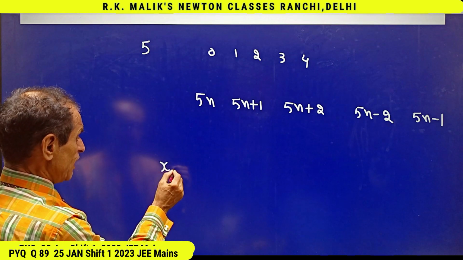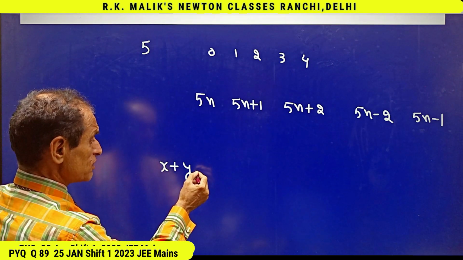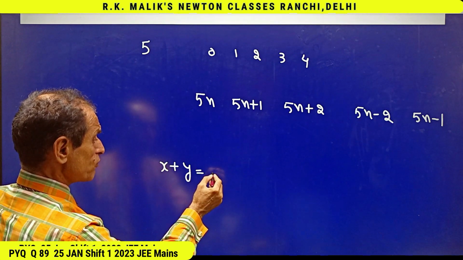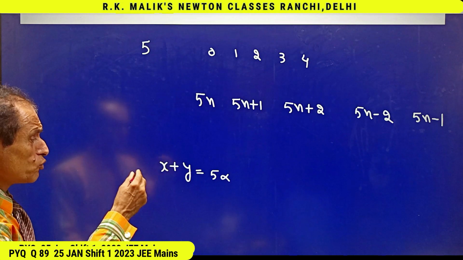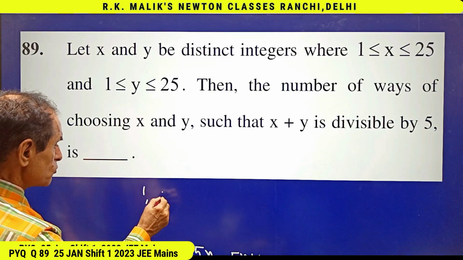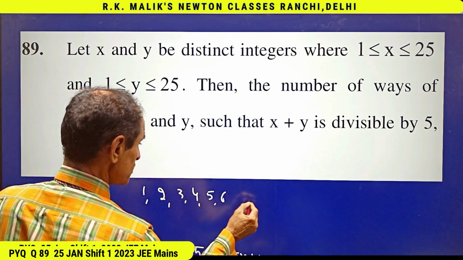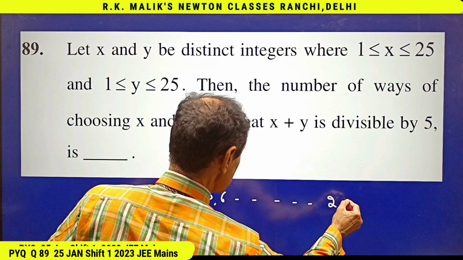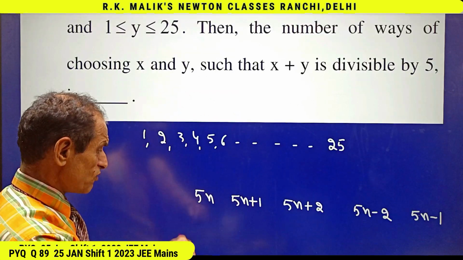According to question, we have to find the number of ways of choosing x and y such that x plus y is multiple of 5. Say it is in the form of alpha, and we have to find the number of ways of choosing x and y. It's clear that the numbers 1, 2, 3, 4, 5, 6 up to 25 can be written in one of these forms.